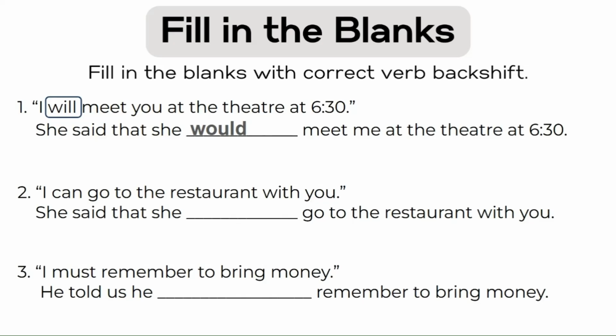Number 2, the modal is can in the direct speech, so the correct answer is could. She said that she could go to the restaurant with you. Number 3, the modal is must, so the correct answer is had to. Let's read together. He told us he had to remember to bring money.